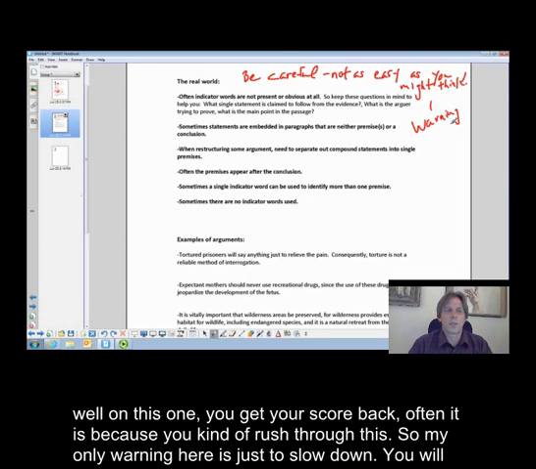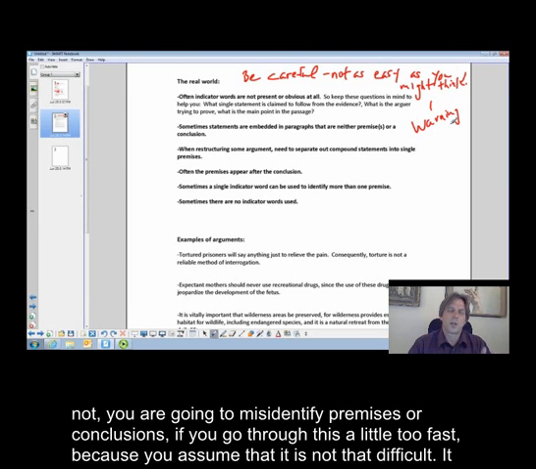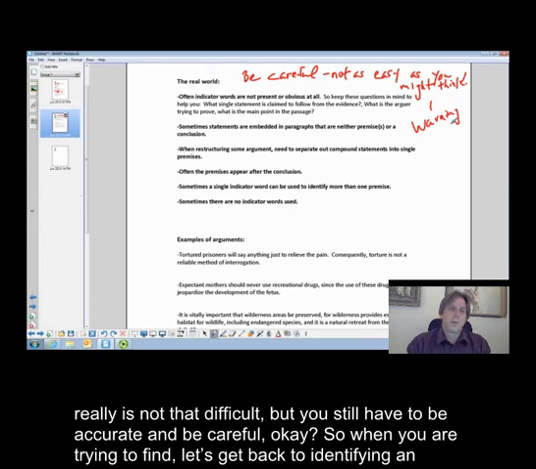So my only warning here is just to slow down. You're going to misidentify premises or conclusions if you go through this a little too fast because you assume that it's not that difficult. It really is not that difficult, but you still have to be accurate and be careful, okay?